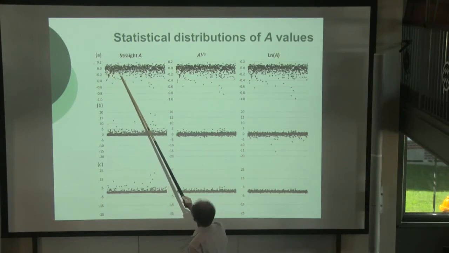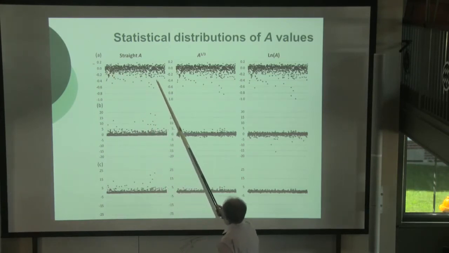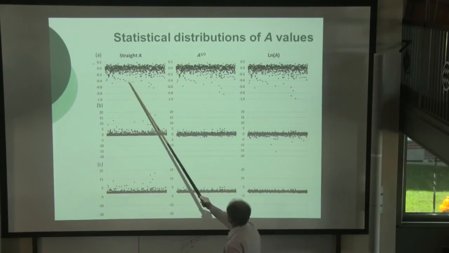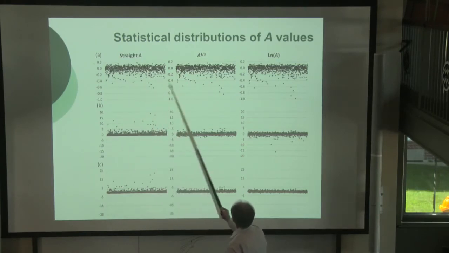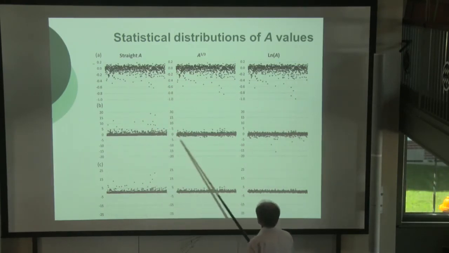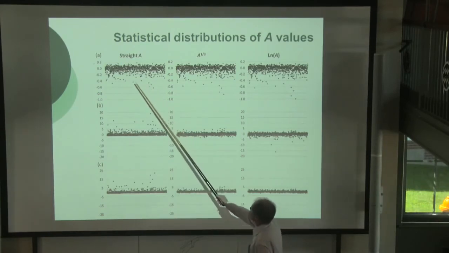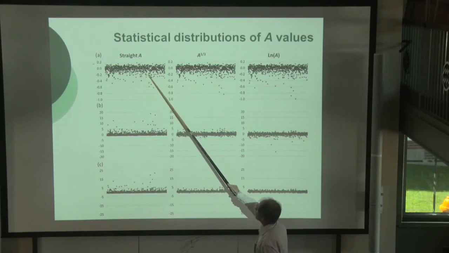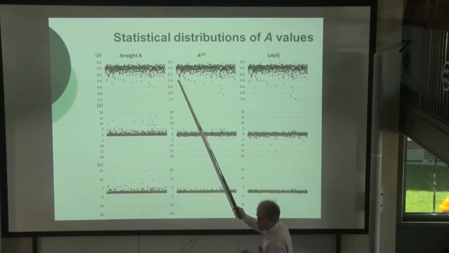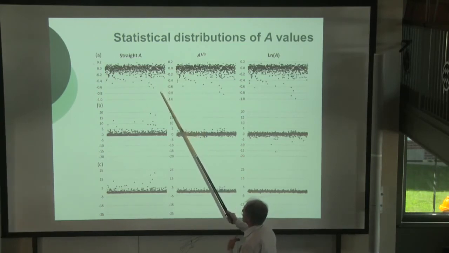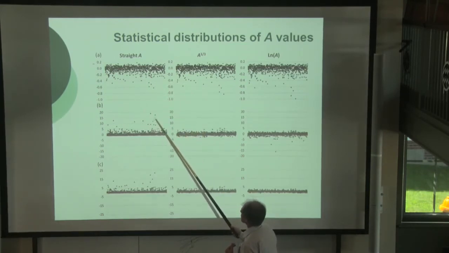You see that there is a great scatter in the results. These are three transitions. This one is one transition, this is another one, and this is a third one. For some transitions, you see some extreme deviates on one side, and for another transition, they are on the other side.